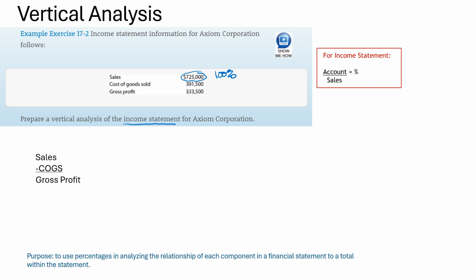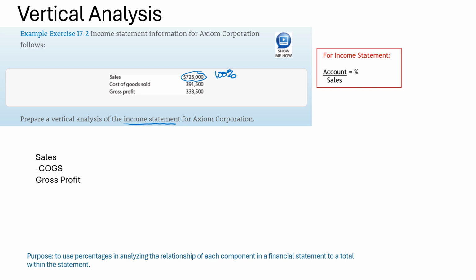So the very basic formula that we're looking at for this income statement is sales minus cost of goods sold equals gross profit. And obviously that's just going to be a portion of the income statement. But just to keep it simple for this explanation, we just have an excerpt of these amounts.